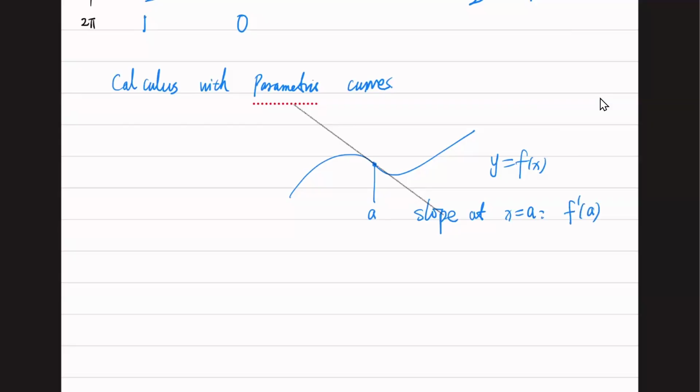Remember this? No? So that's the geometric meaning of the derivative. It's the slope of the tangent line of the graph at a given point. So why is that? Let's record. What's the slope?